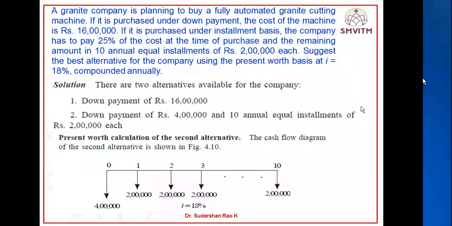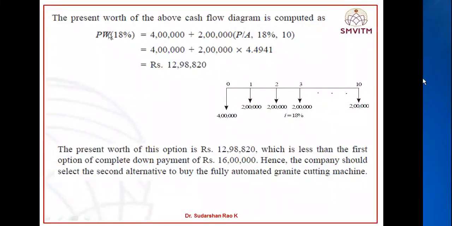So here is the present worth calculation. This is the cash flow: 4 lakh initial payment and 2 lakh every year for 10 years. This is the cash flow diagram. The present worth of the cash flow diagram is 4 lakh, because all these are costs only, it is not necessary to use the sign, all are negative or positive only.